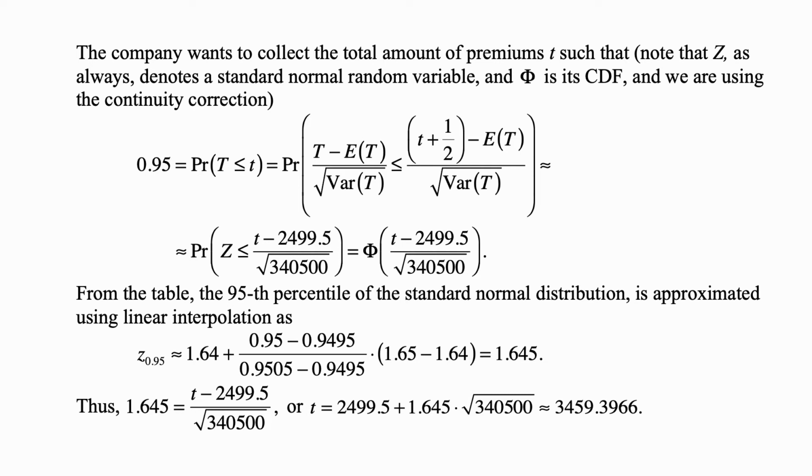The company wants to collect the total amount of premiums t such that, note that Z as always denotes a standard normal random variable and phi is its cumulative distribution function, and we are using the continuity correction in this. So 0.95 is the probability that T is less than or equal to t.